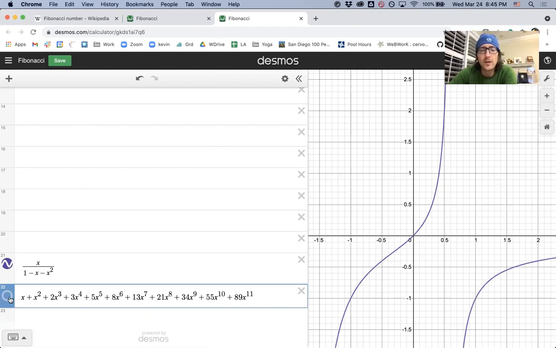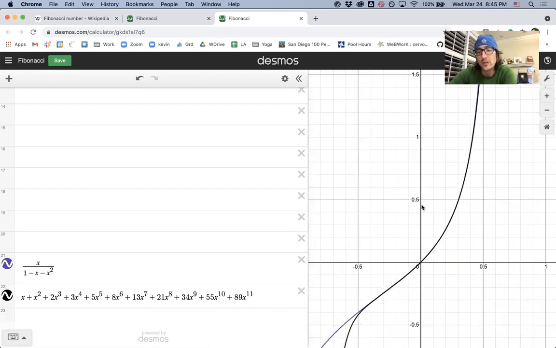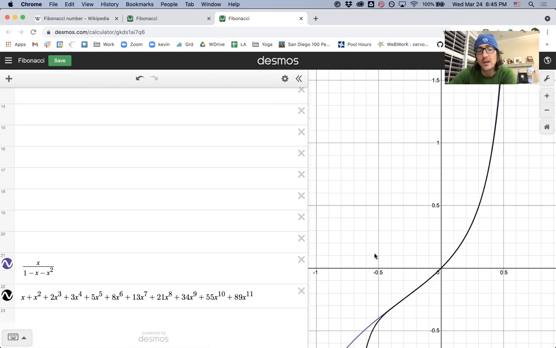And the question is, do we think it's the same or different from this, I guess it's black, this black graph here? I hope what you at least kind of see is that they look pretty darn close in a certain range. In fact, if I'm zoomed in enough, these graphs are basically equal to each other.